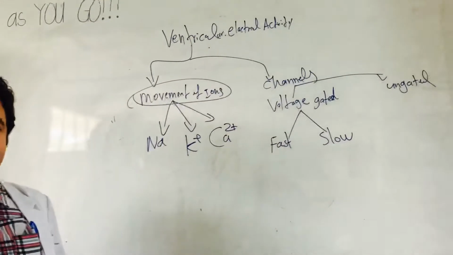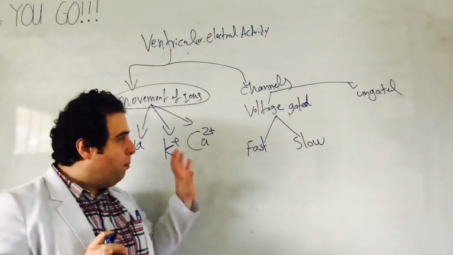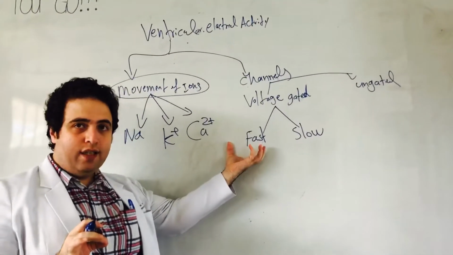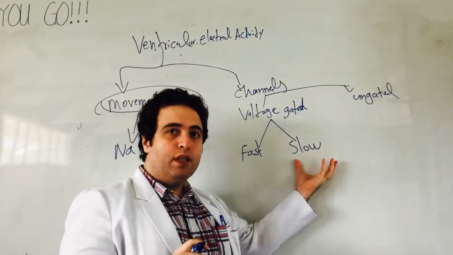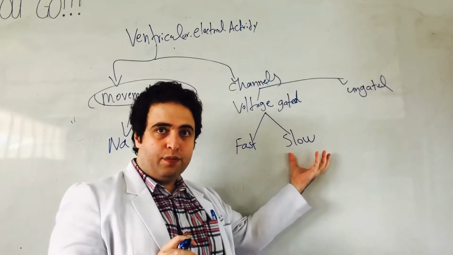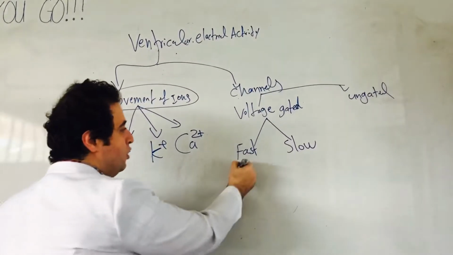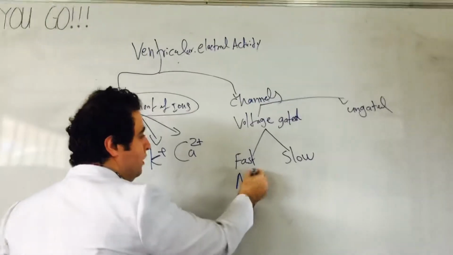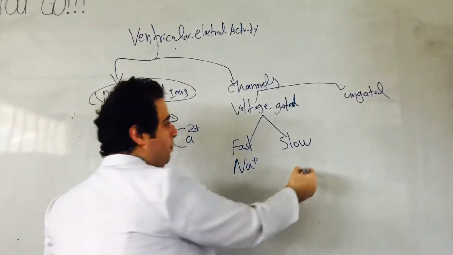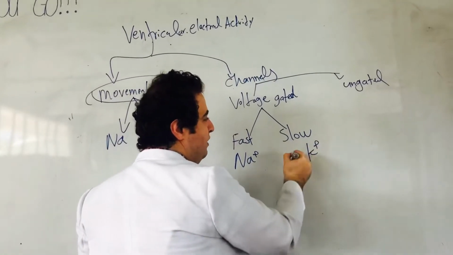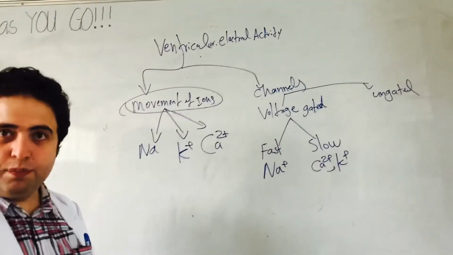The important thing here is that we understand which ion will pass through the fast channel and which ions are passed through the slow channel. So from the fast channel, which ion will move? It's sodium. From the slow channel, which ions will move? Potassium and calcium.